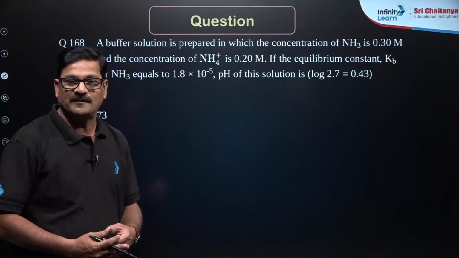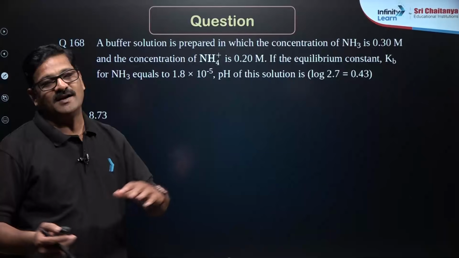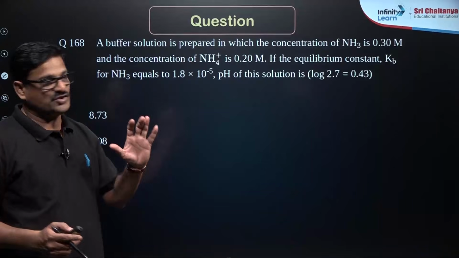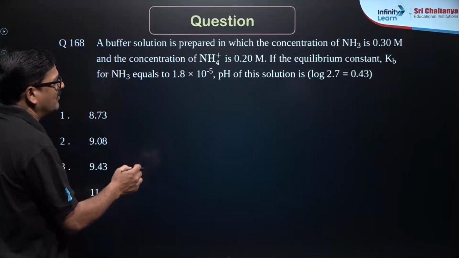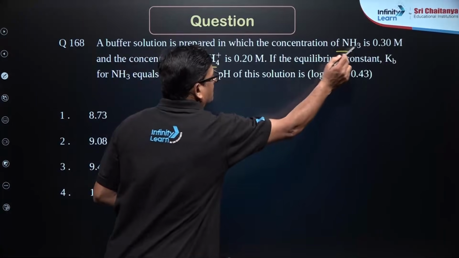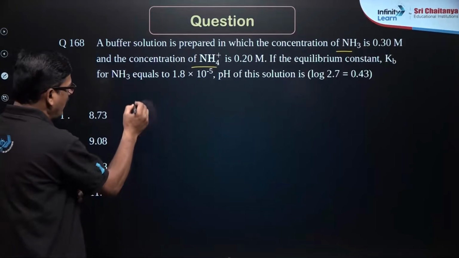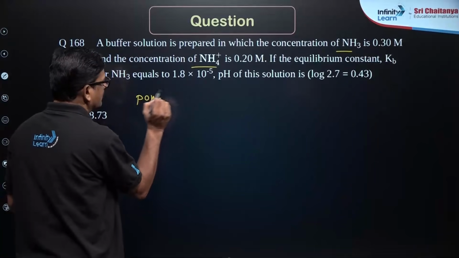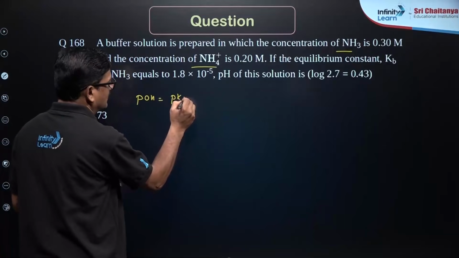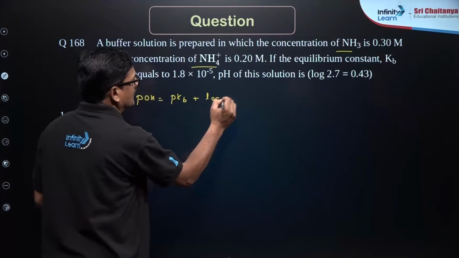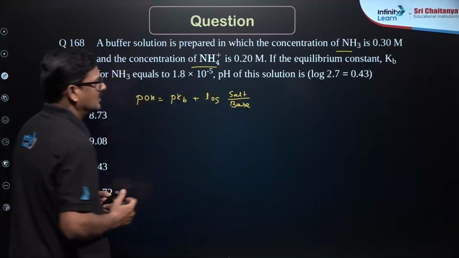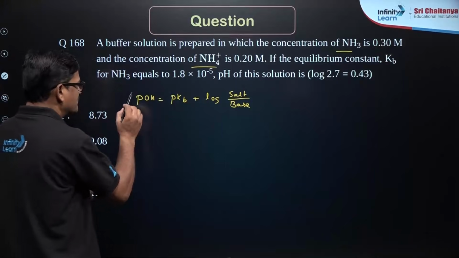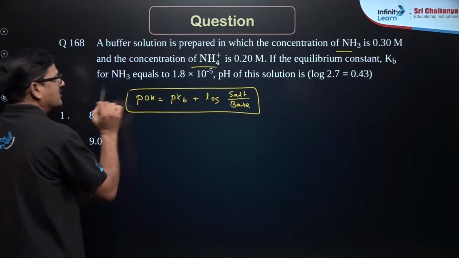Students, this is a question from buffer solution. Directly we can use the Henderson-Hasselbalch equation. It is a buffer solution made by ammonium salt and ammonia. So pOH is equal to pKb plus log salt by base. This is the Henderson-Hasselbalch equation. You can directly calculate pOH from this.